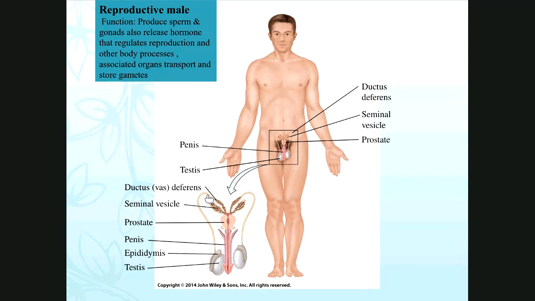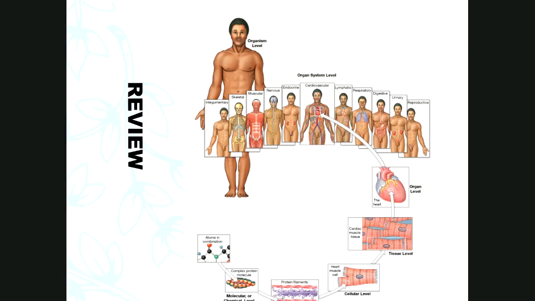The reproductive system in the male: we'll learn how the testes produce the sex hormones and also the spermatozoa, which are necessary for reproduction, and the storage of these gametes in the testes. We'll get into this in greater detail.